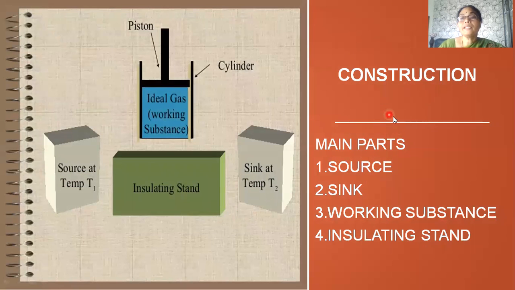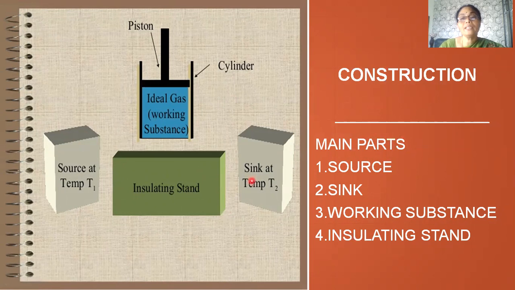First, let's see the construction of Carnot's ideal heat engine. The ideal heat engine consists of the following important parts. The first one is source, sink, working substance and insulating stand. So these four are the important parts of Carnot's ideal heat engine.